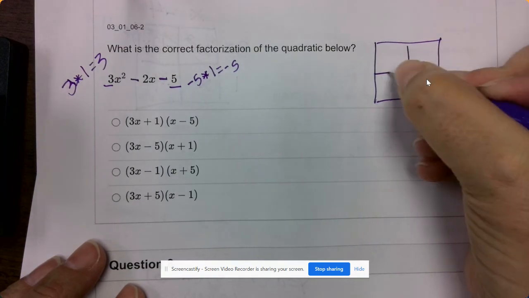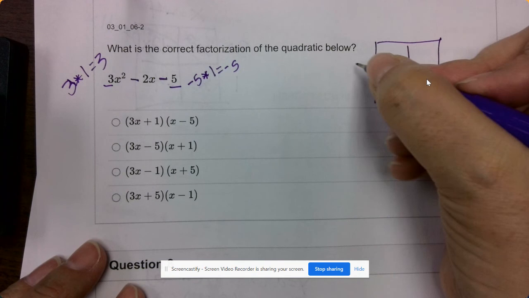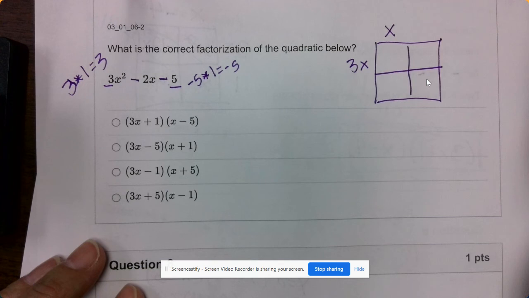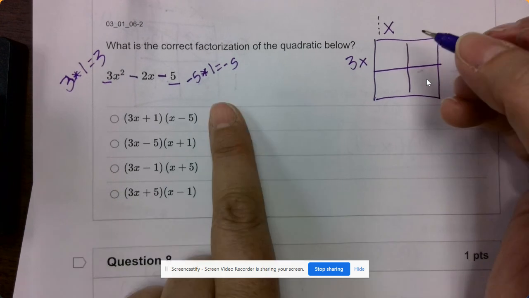All right, so let's see how it works. We're going to have a 3x, and we're going to have an x. Remember, it has that invisible 1 in front of it. Then we're going to put -5.